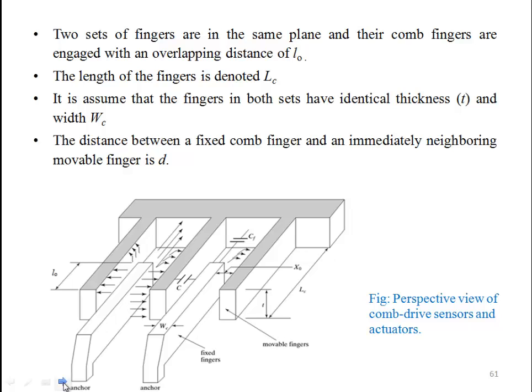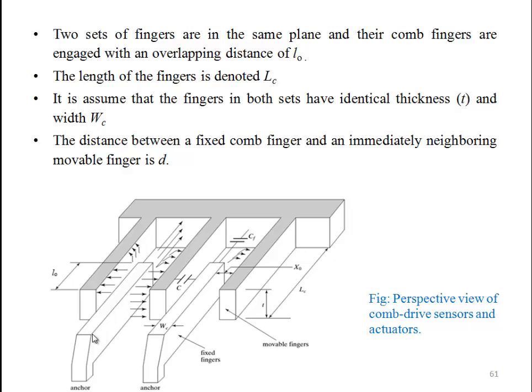Here there are two sets of fingers, and these two sets are placed in the same plane and are parallel to each other. The shaded portion shows the movable electrode, and the other one shows the fixed electrode. In between the movable electrodes, a fixed electrode is placed, and their overlapping distance is denoted as L0.